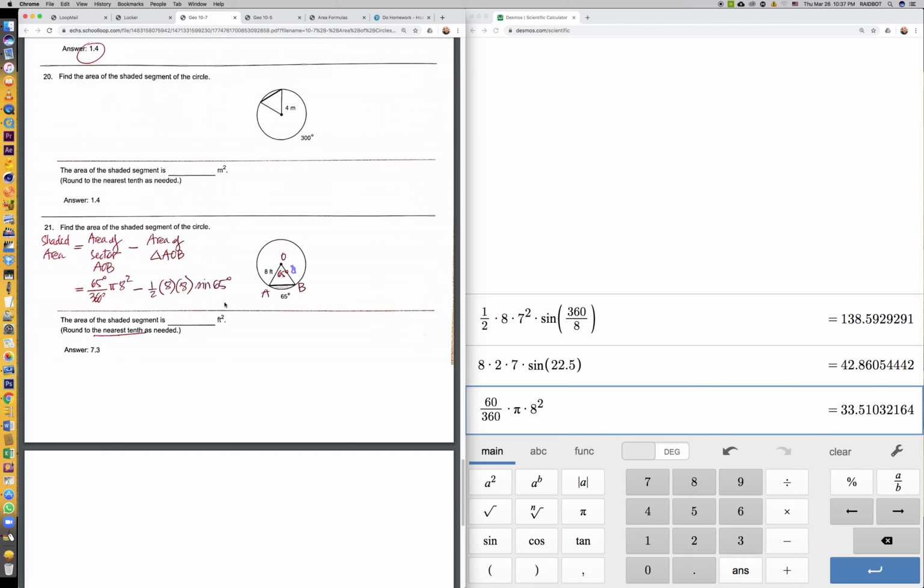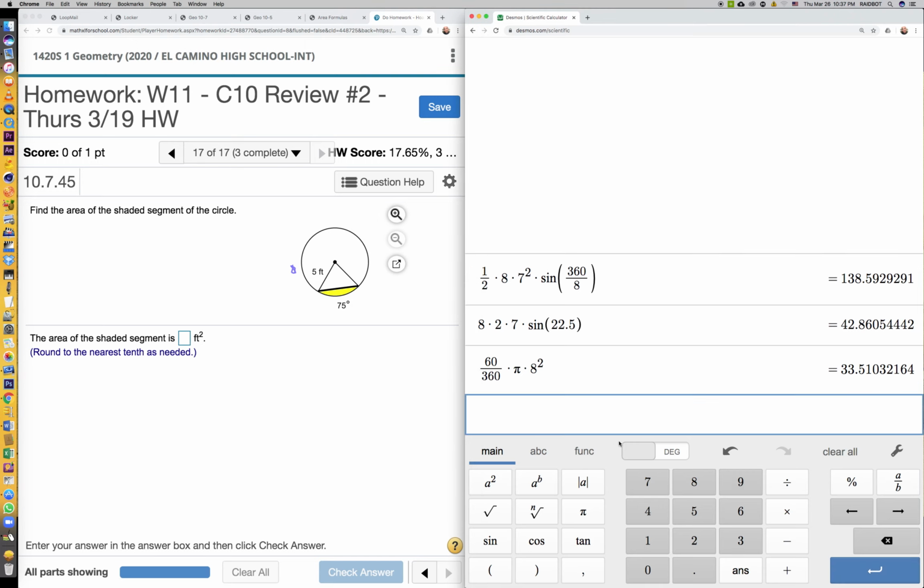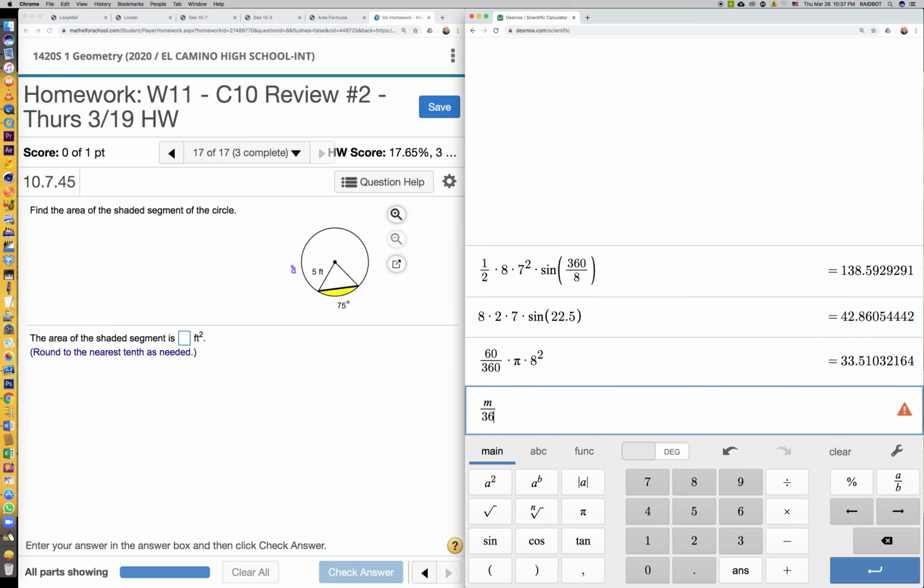So let's do that with problem 17 over here. Let's enter m over 360 multiply with pi r square.